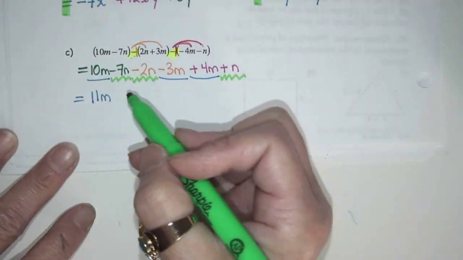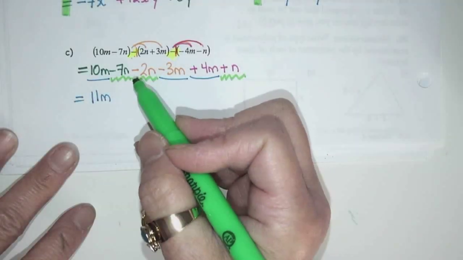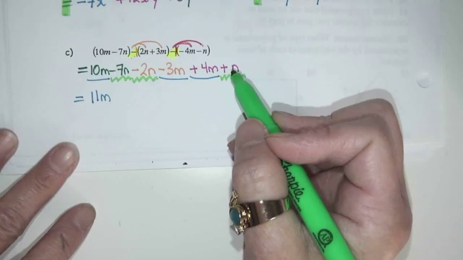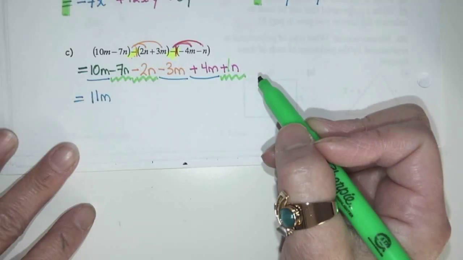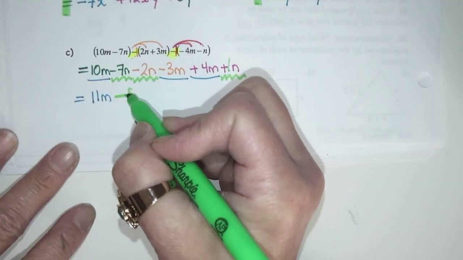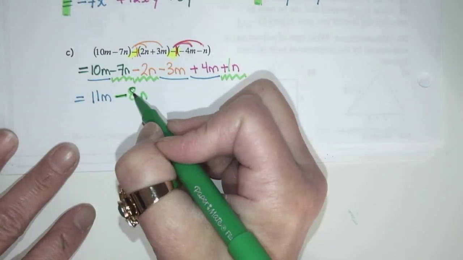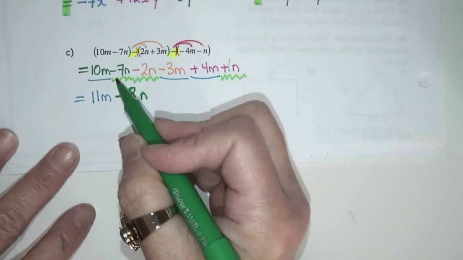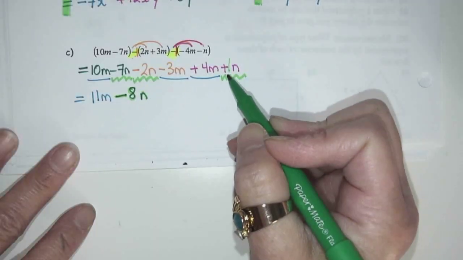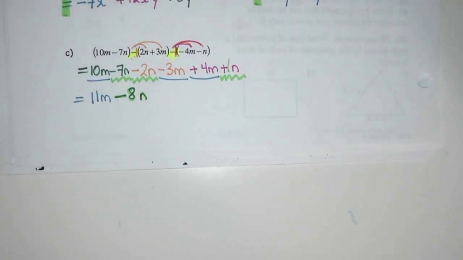So negative 7 minus 2 is negative 9, plus 1, invisible 1, is negative 8n. There you go. So that's how you add and subtract.